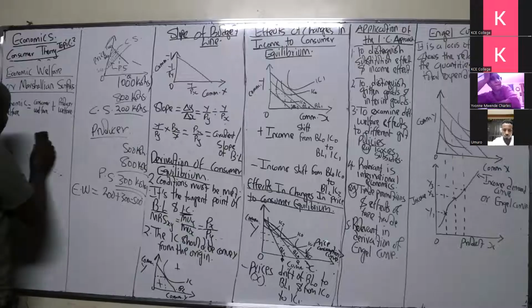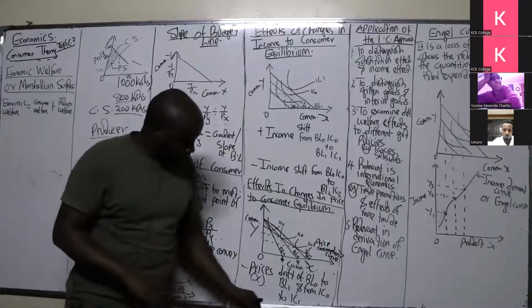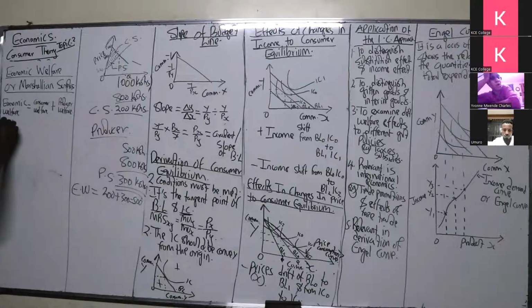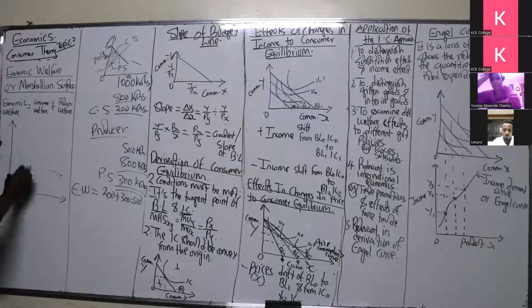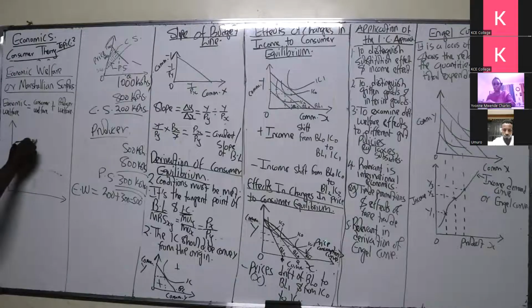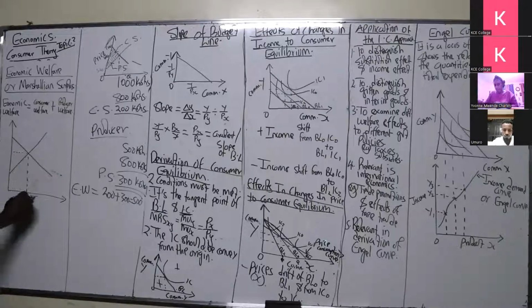We call it a class. Meaning at this point, this is the producer's surplus.